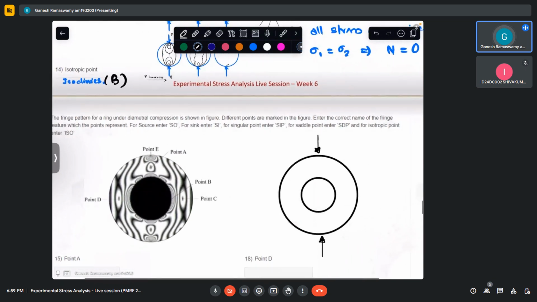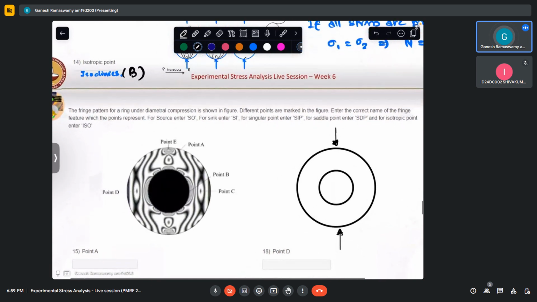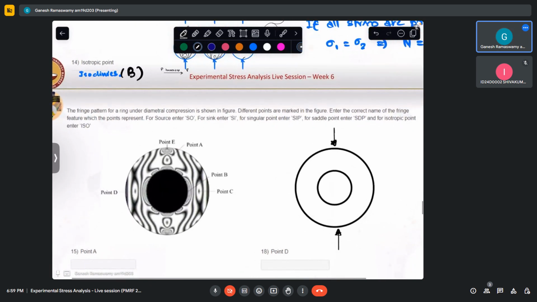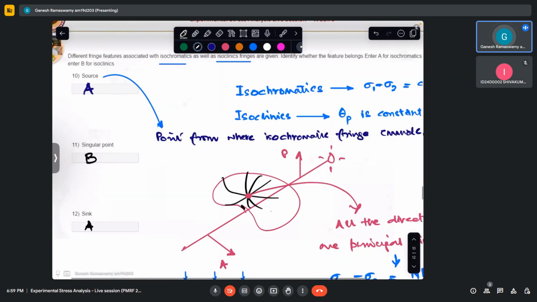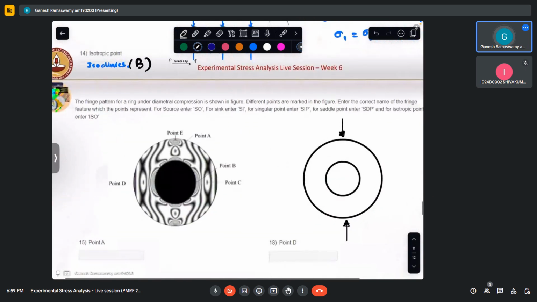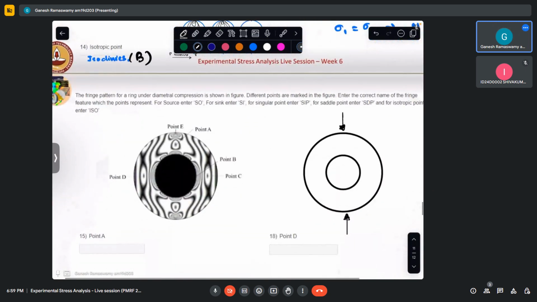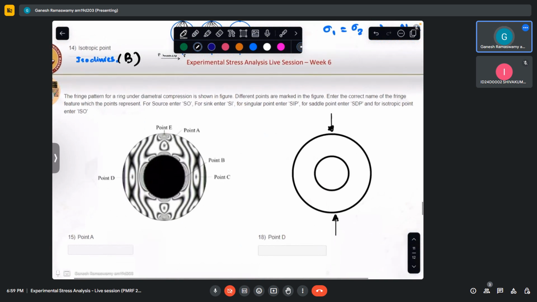So the fringe pattern of a ring under diametral compression is shown in the figure. Different points are marked in the figure. Enter the correct name for the fringe feature. These are the features we discussed earlier. Enter the correct name for the fringe feature which the points represent.